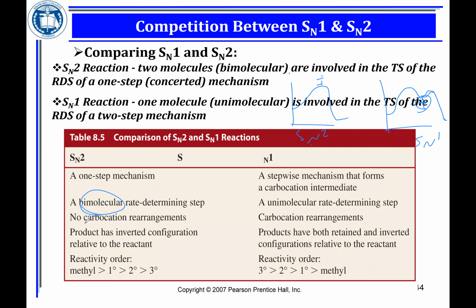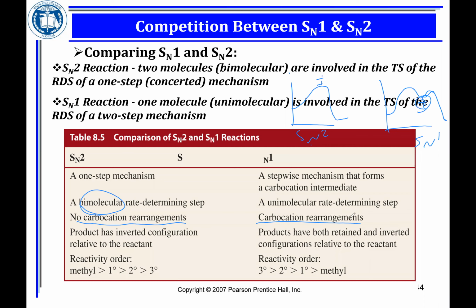There is no carbocation rearrangement for SN2 because we don't have a carbocation. But for SN1, since a carbocation forms, whenever there is a possibility of formation of a more stable carbocation, there is rearrangement. That means your primary carbocation, by hydride shift or methyl shift, can go to secondary or tertiary.